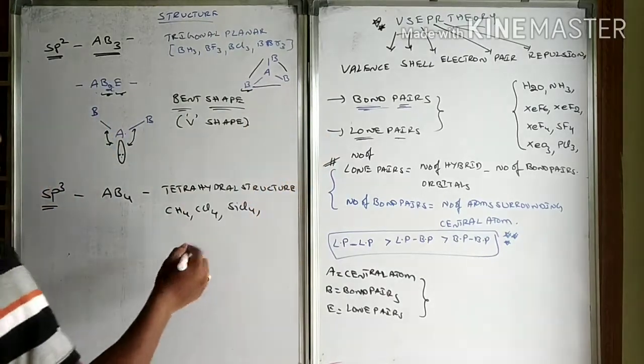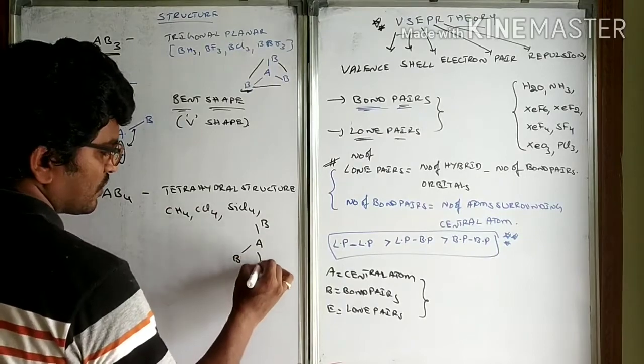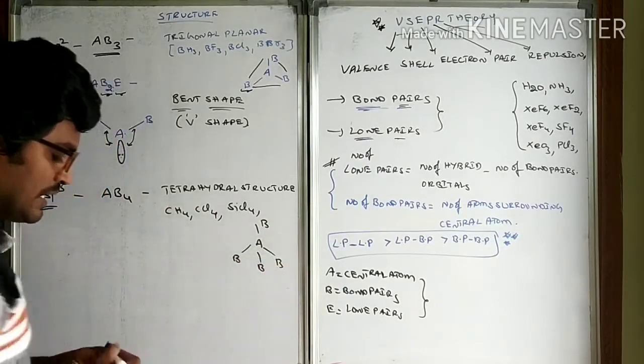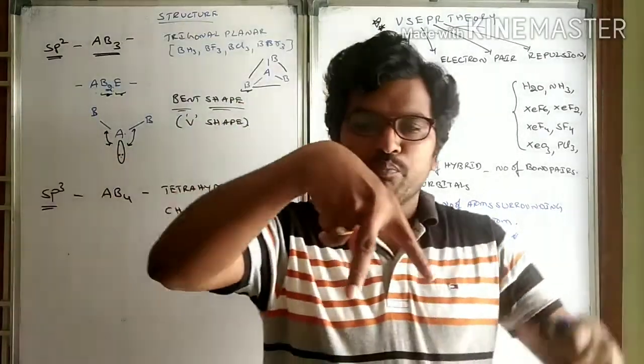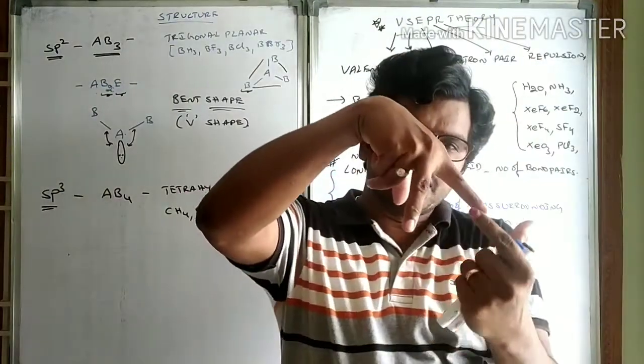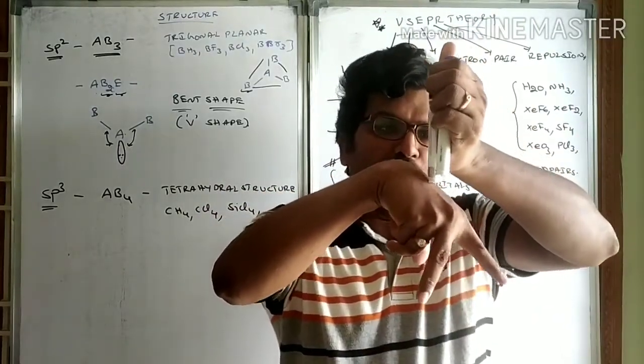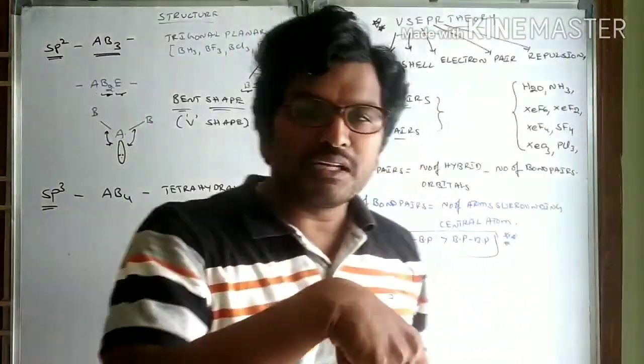Like that you can have a number of examples where A is in the center. 3 atoms will be present like a pyramid, forming the base of a pyramid, and 1 atom will be above the plane, which gives you a tetrahedral structure.